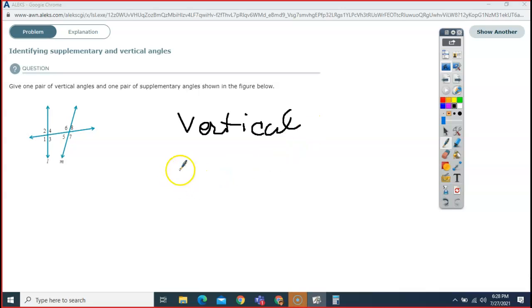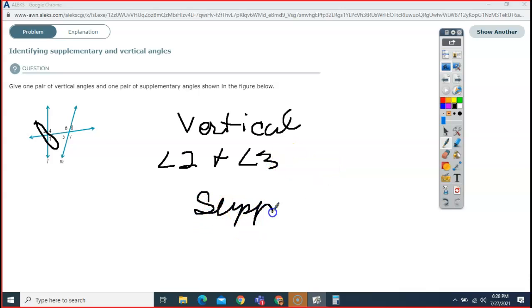I would say 2 and 3. Yes, 2 and 3, because they have to go through. Okay, so give me a supplementary. I would say 6 and 8. Yes, 6 and 8. Easy breezy. All right, you got it.